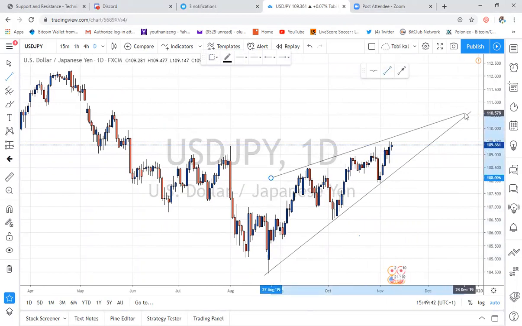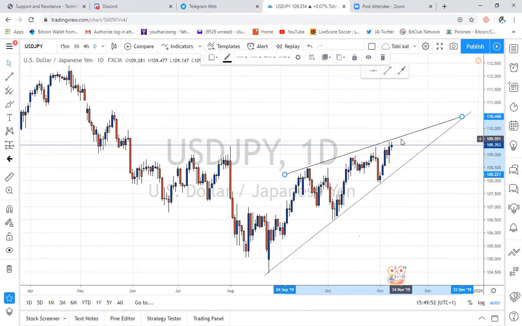If you do this, it's looking like this is heading up for more like a right angle triangle. So my expectation here would be something like this, because already, this is the lowest point, right? And we're having higher lows, right?